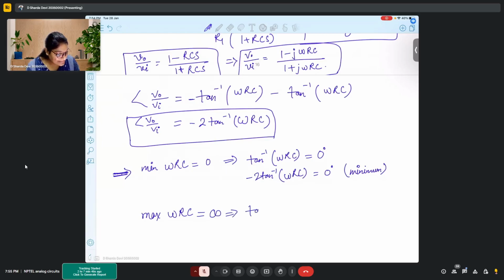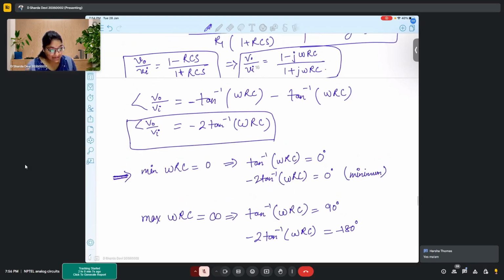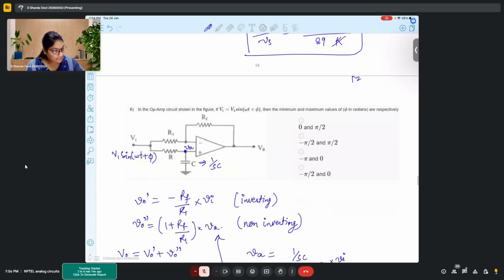So if omega RC is infinity, then tan inverse omega RC would be 90 degrees, right? So minus 2 tan inverse omega RC would be how much? 180 degrees, or I should say minus 180. So the phase range that you get is 0 to minus pi.